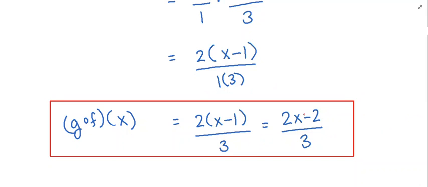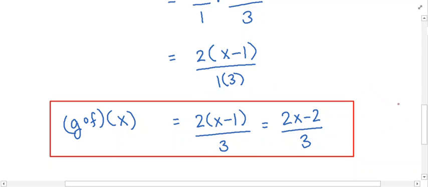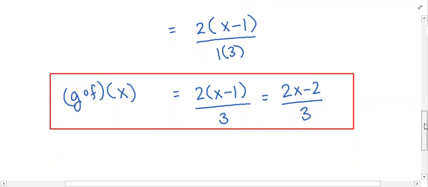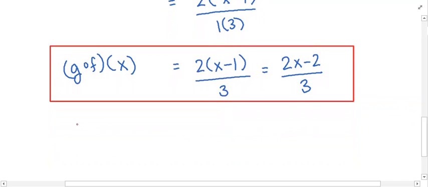At this point, we need to state the domain of g of f. So after simplification, we need to find another bad spot. We need to look at our simplified product.